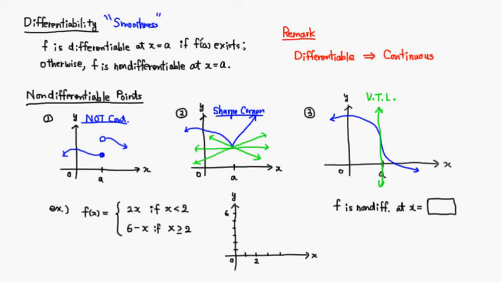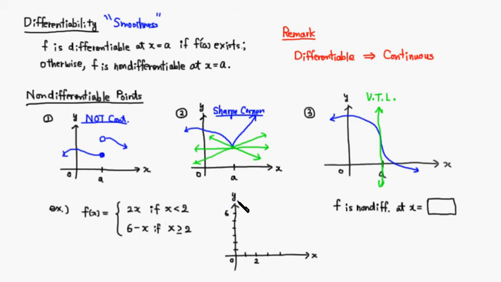All right, so let's look at a concrete example. Here is a piecewise defined function f of x. f of x is 2x if x is less than 2, and f of x is 6 minus x if x is greater than or equal to 2. First, let's sketch the graph.